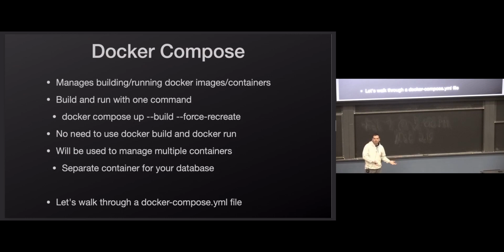If you don't have the --build --force-recreate, you won't see your changes. You're only going to see the first image that was built. You're not going to see any changes you made to the code. So add --build --force-recreate, which will tell Docker Compose, hey, rebuild the image and start the new container based on my new updated code. Don't use the old container because that's out of date already.